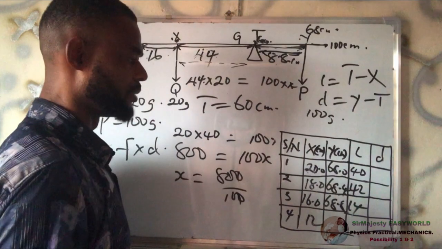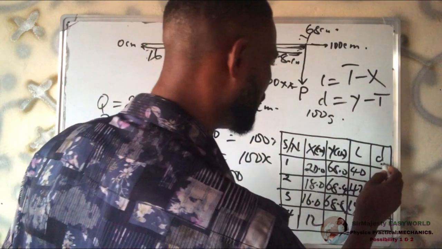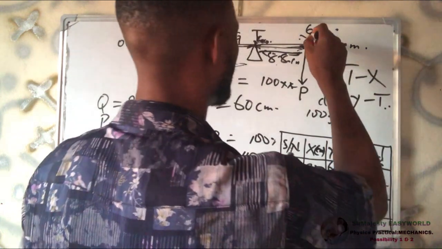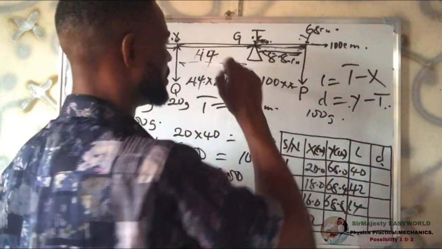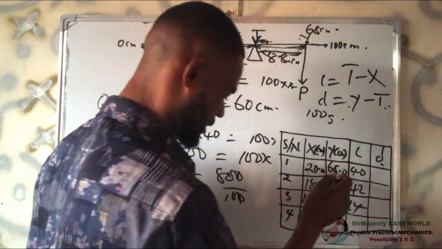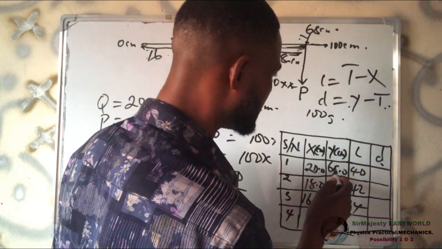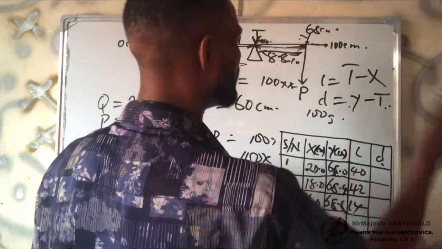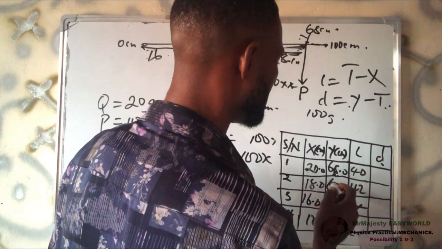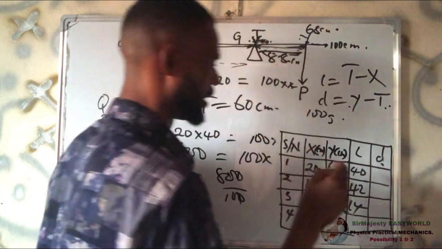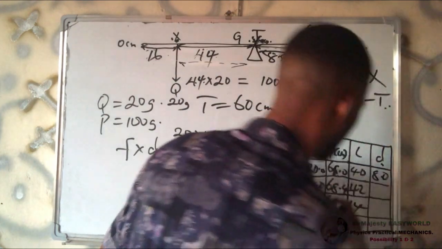You fill that table. Then what again? Evaluate D. They said that D is Y minus T. T remains 60. Then what is Y? Y here is 68. So 68 minus 60 is 8.0.